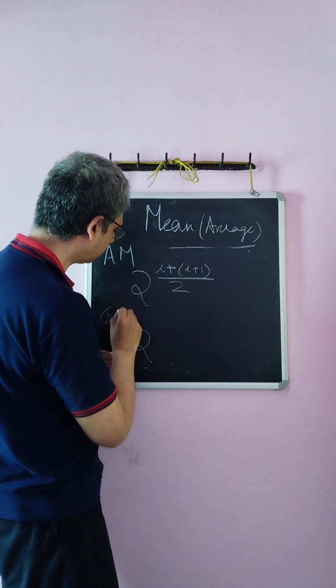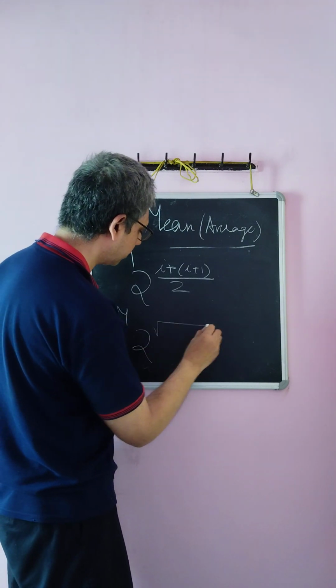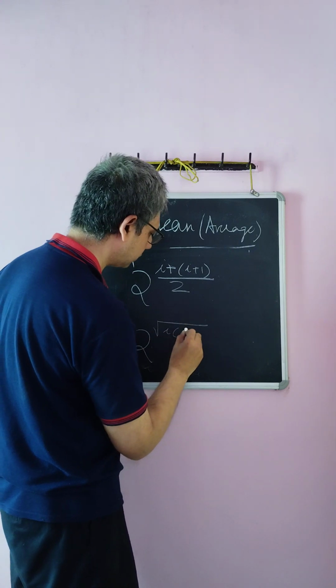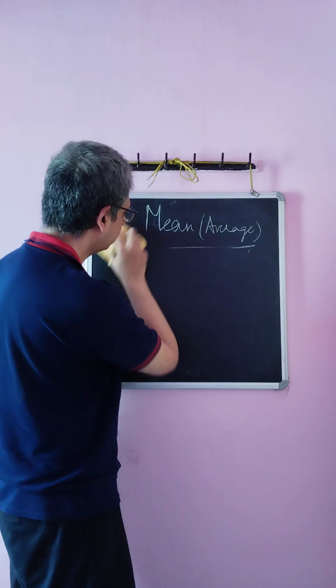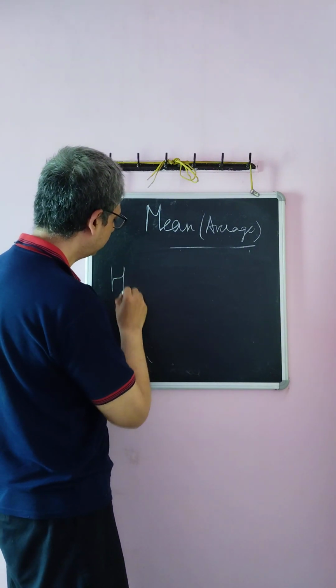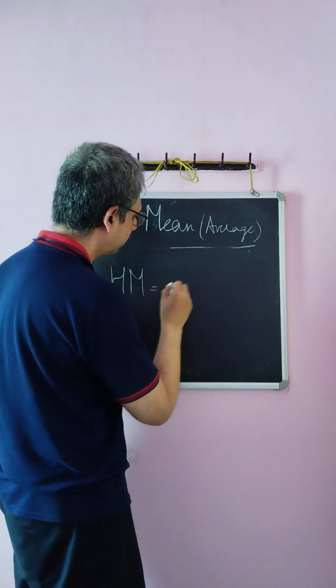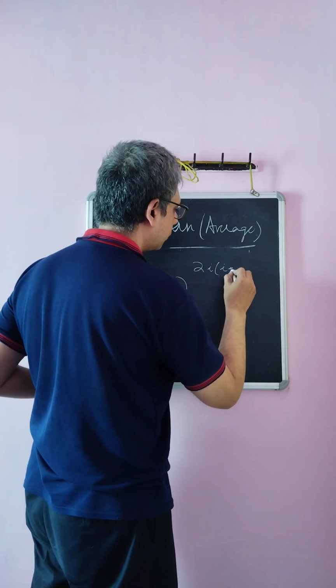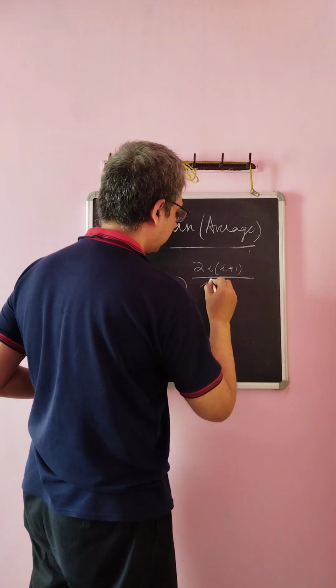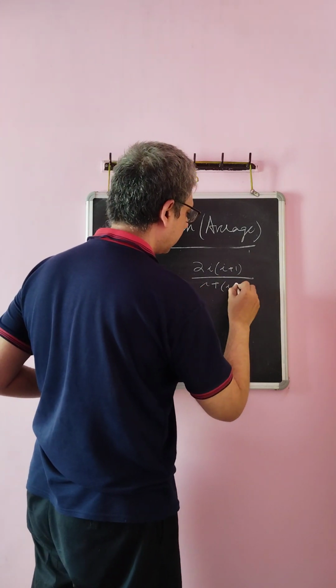For the case of the geometric mean, we could take 2 power square root of I into I plus 1, and in the case of the harmonic mean, we can take 2 power 2I into I plus 1 by I plus 1.